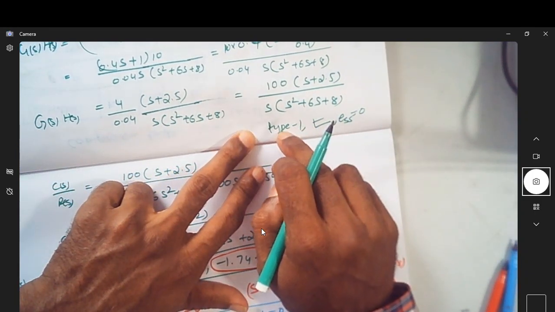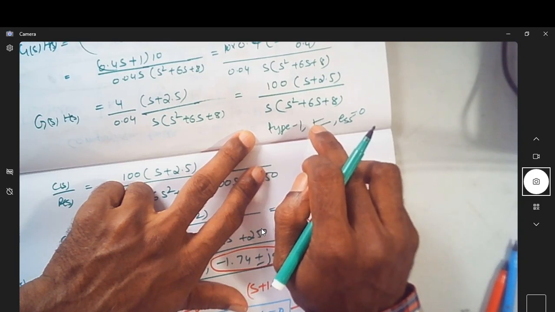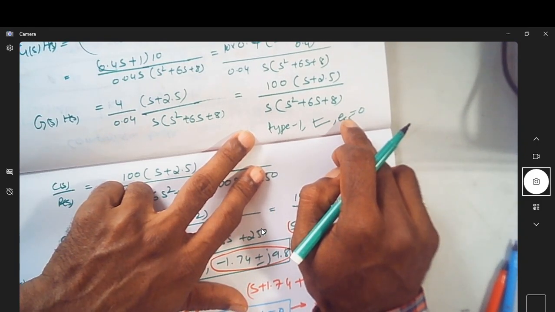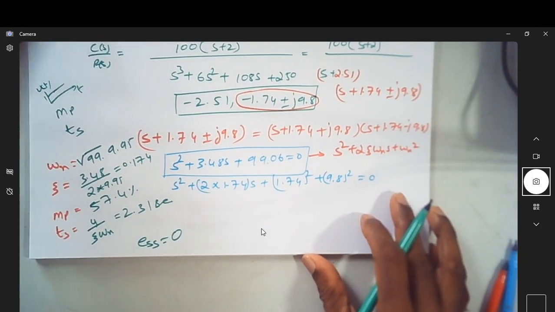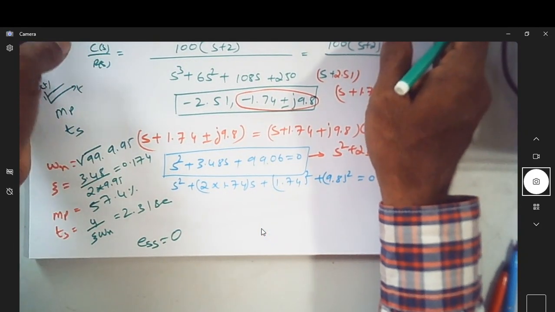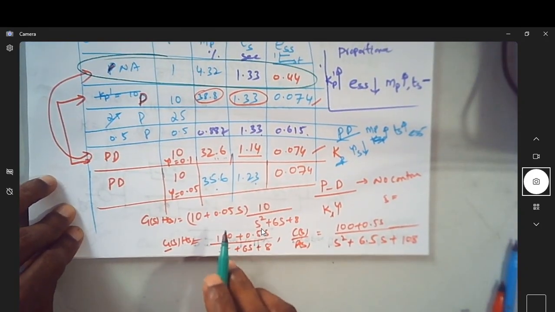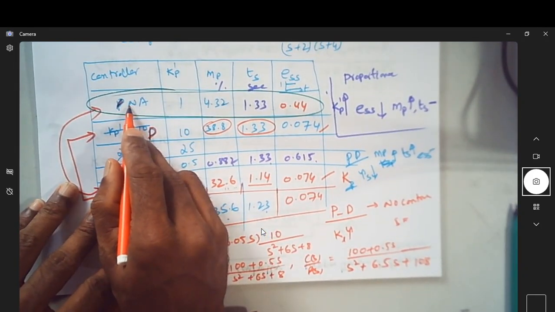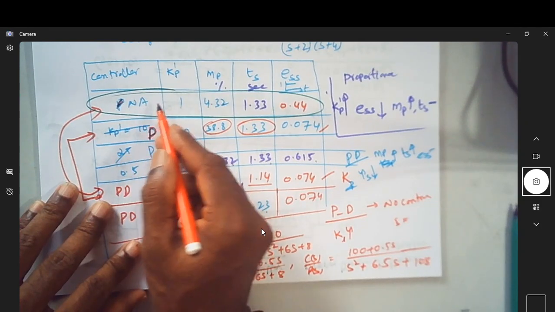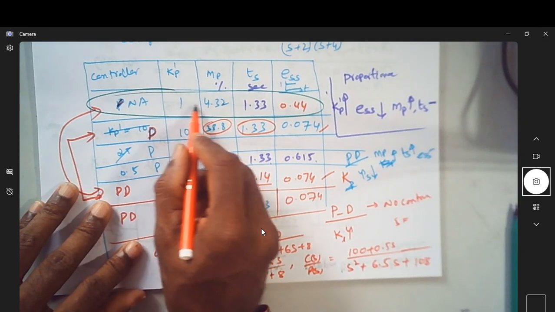So steady state error now is 0. Let me compare with the previous one. Let me write it here. This was without any controller.